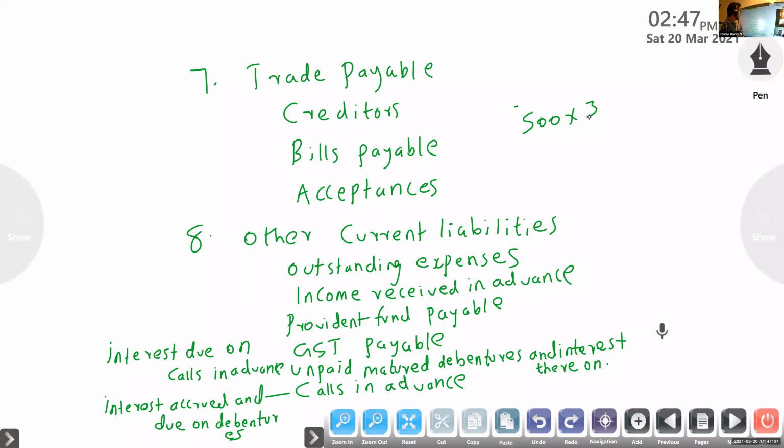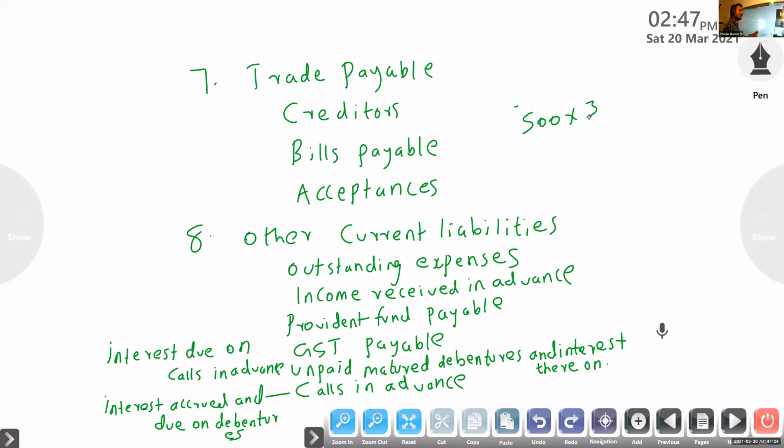Main items: GST payable, unpaid matured debenture, calls in advance, interest due on calls in advance. Calls in arrear is under share capital, the amount unpaid by the shareholder.